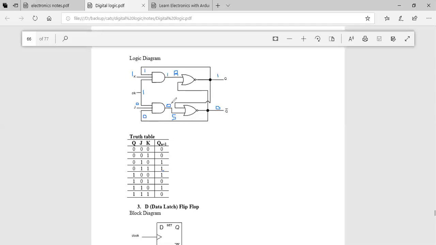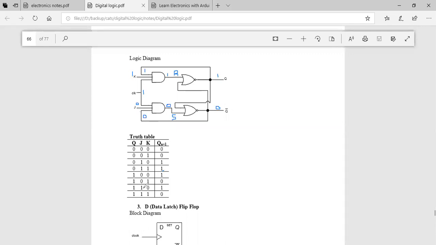So R is 1, S is 0. Output we expect? 0. The output will be 0. Why do you think it's a 0? It's a reset. When R is 1, we have reset. So the output will be reset. And therefore, that's why we have a 0 at this point.